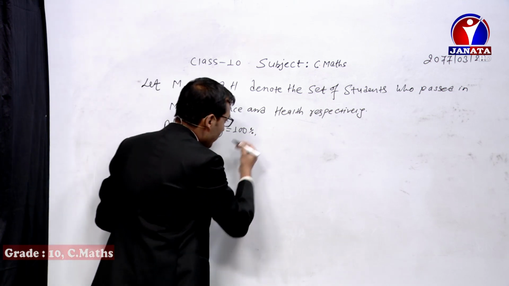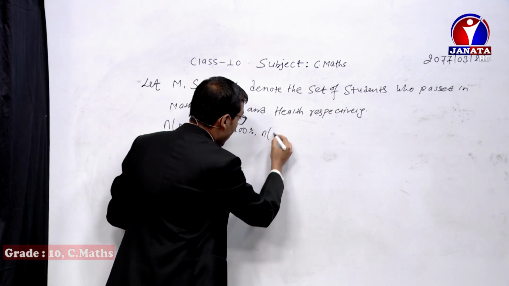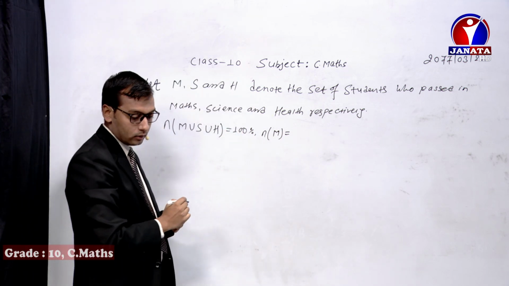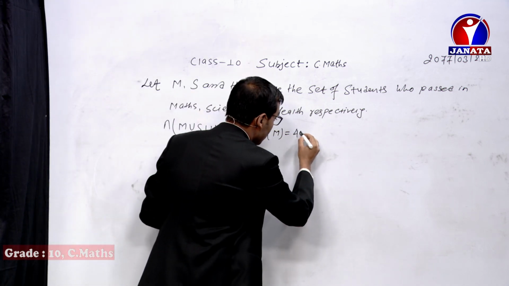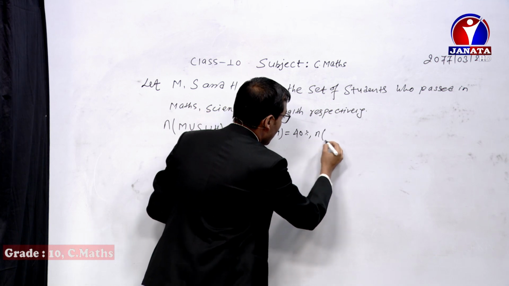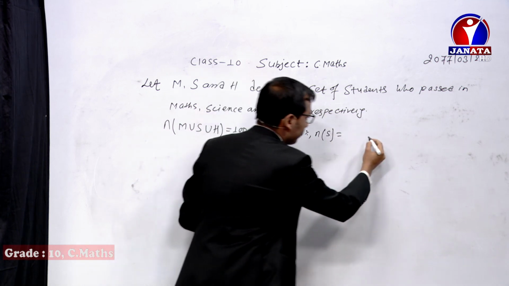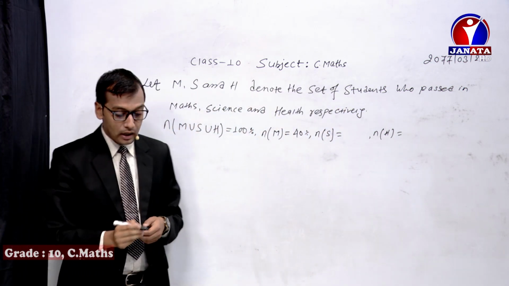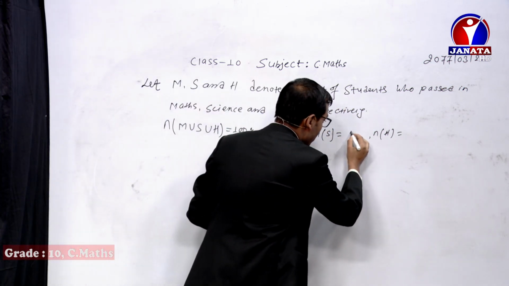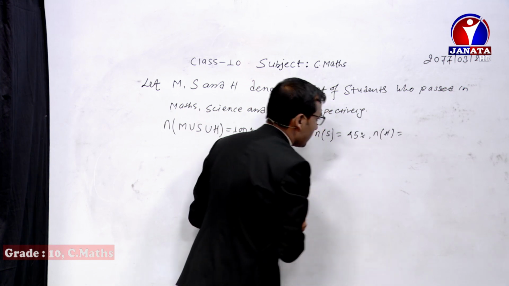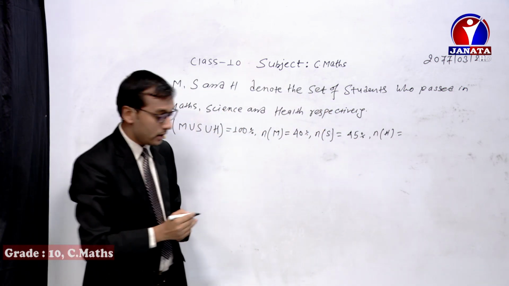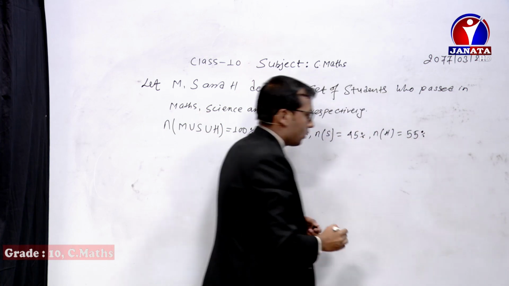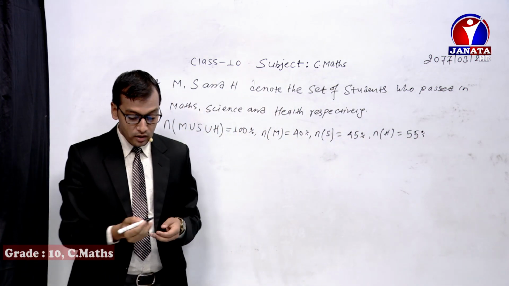Let's write the other information mentioned. What is n of M? n of M is 40%. n of S is 45%, and n of H is 55%. We have also got other information here.